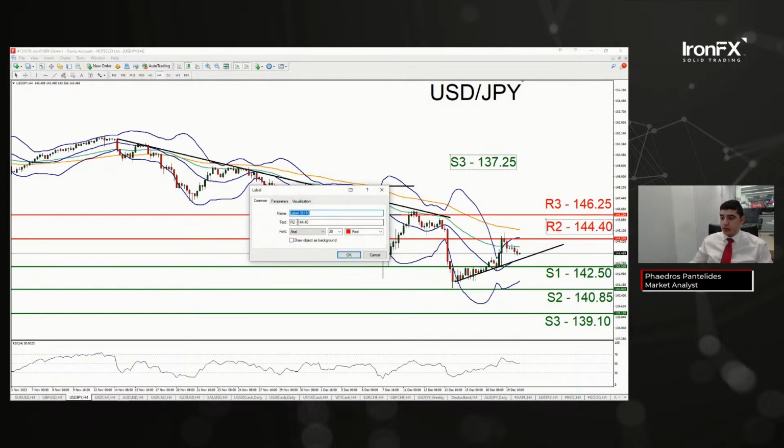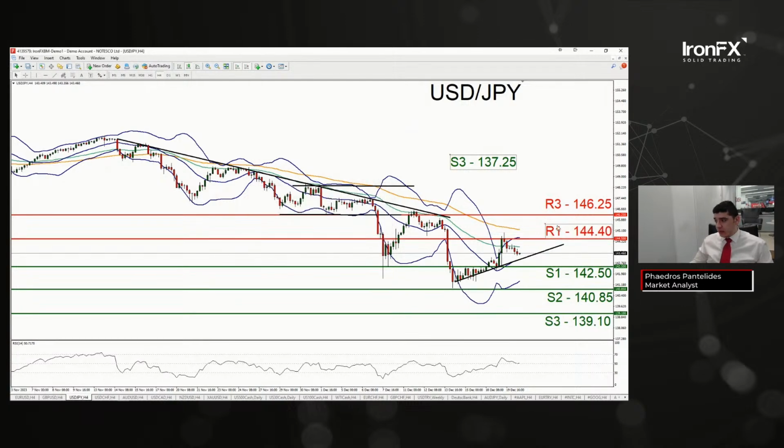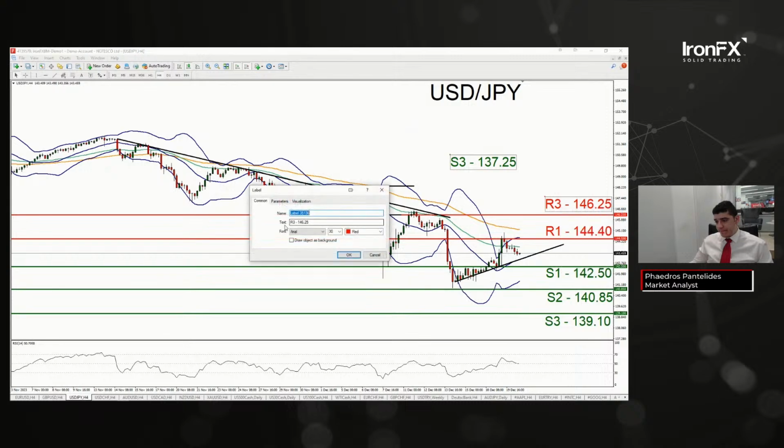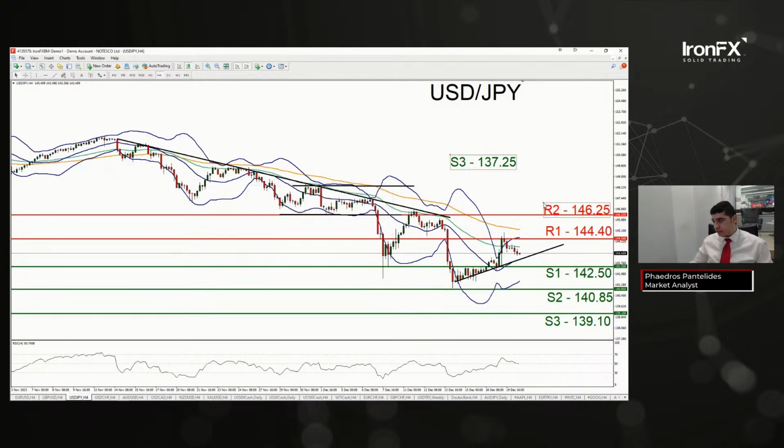So R2 becomes R1. Then R3 becomes R2. So I have R1, R2, S1, S2, S3. Bullish outlook as long as it continues to validate our upwards moving trend line.